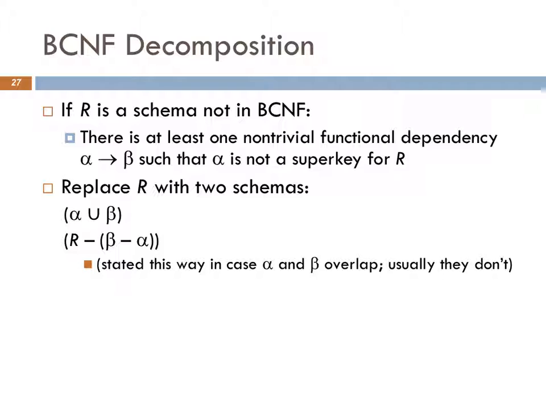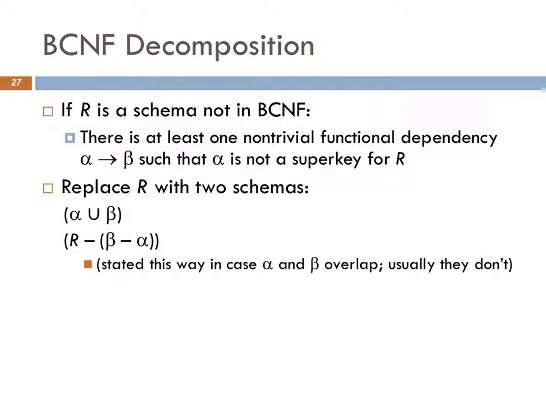So if you have alpha functionally determines beta, that's the non-trivial functional dependency. Then alpha union beta becomes one schema. And then R minus the quantity beta minus alpha becomes the other schema. Now, I don't like this formulation, but we have it because alpha and beta could overlap.